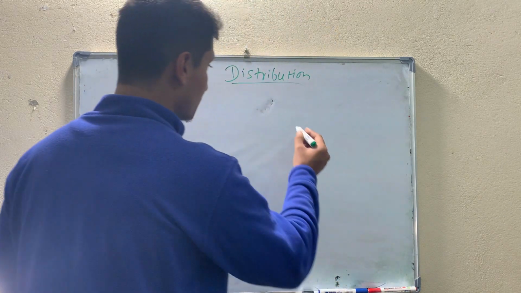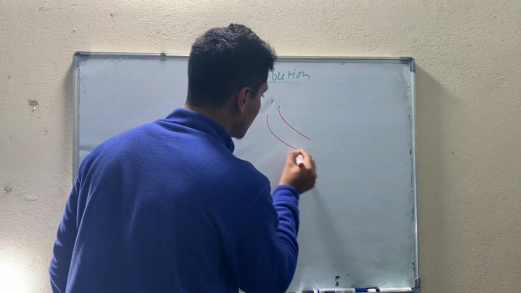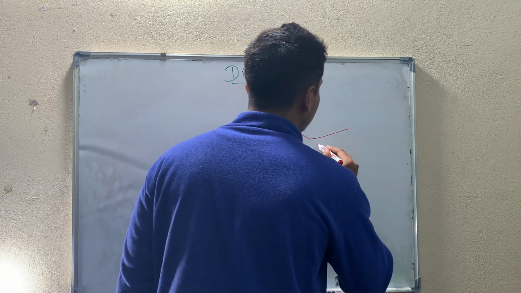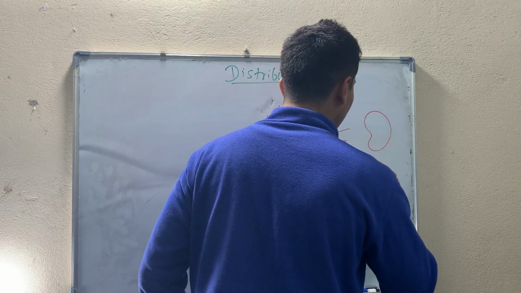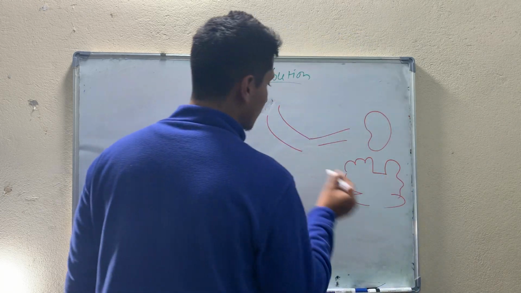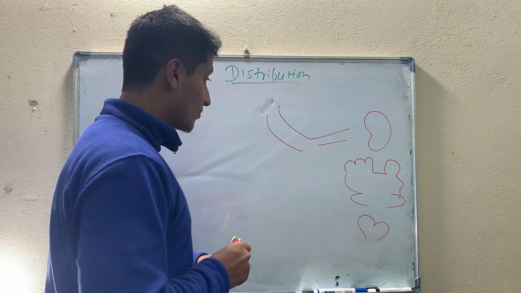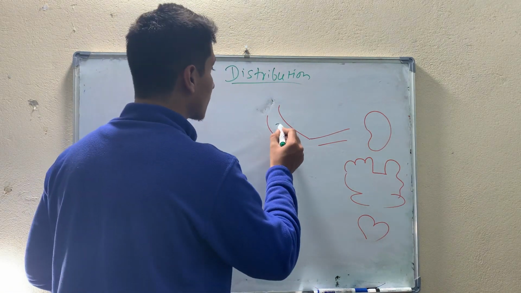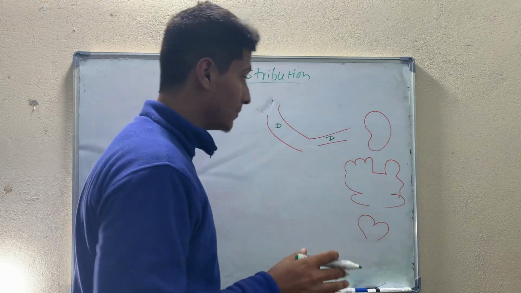So basically, if this is your systemic circulation, then this happens to be your kidney, this is your brain, and this is your heart. So the drug is already present in your system, right? If this is a drug, now the drug has to get loaded to different parts of the body.